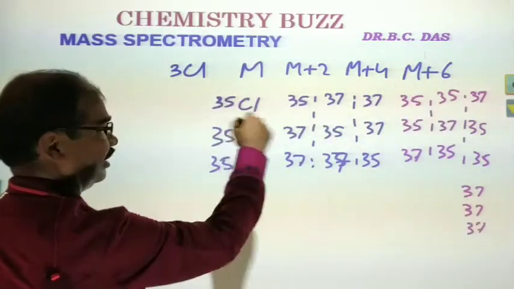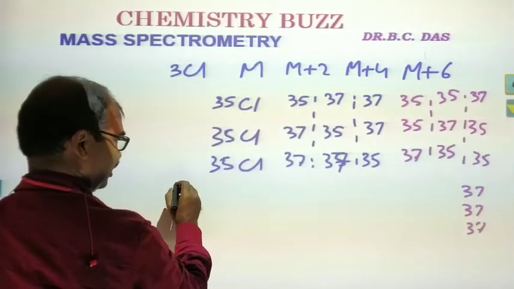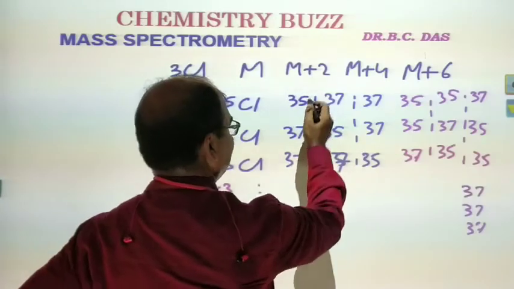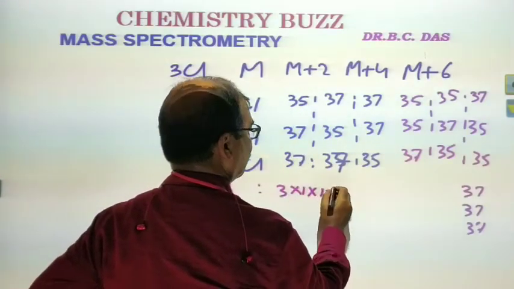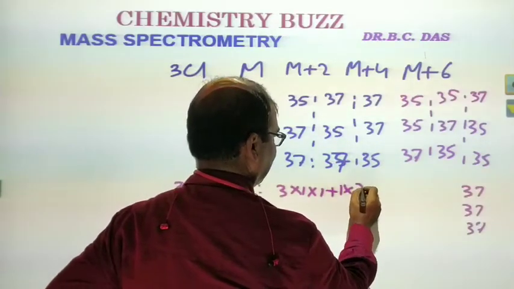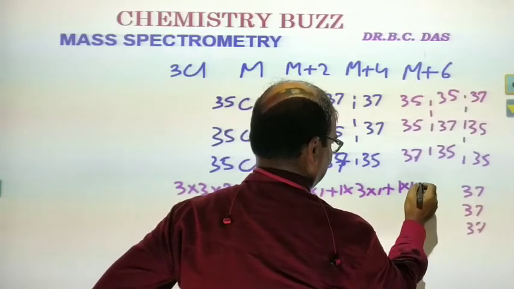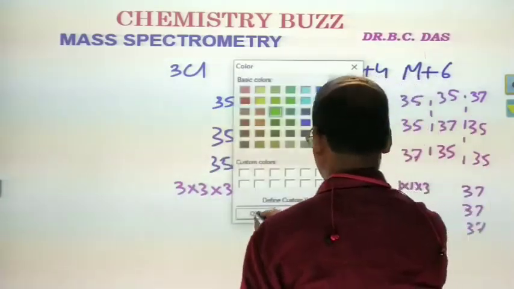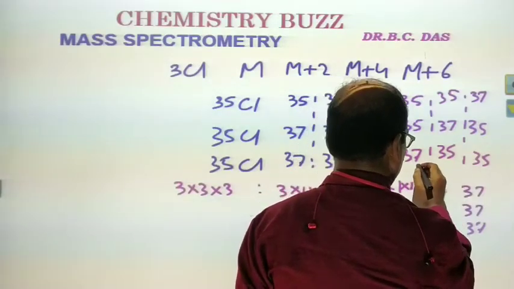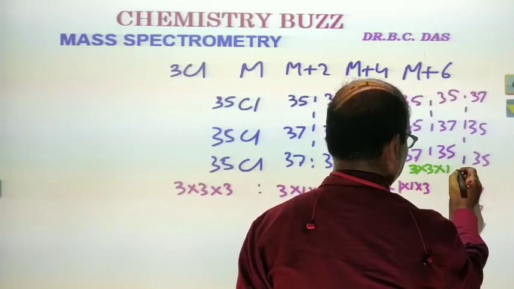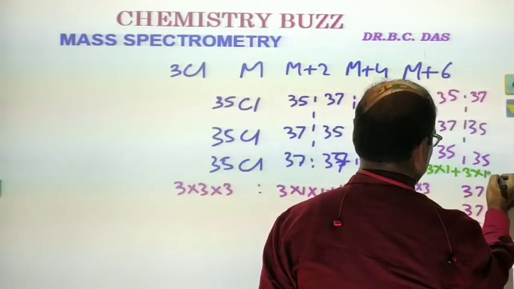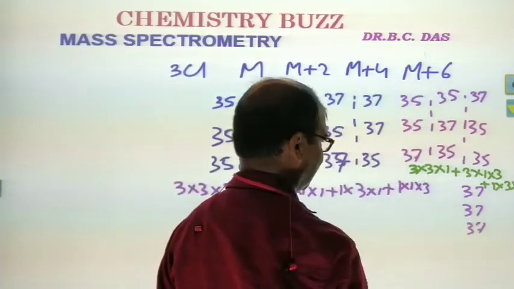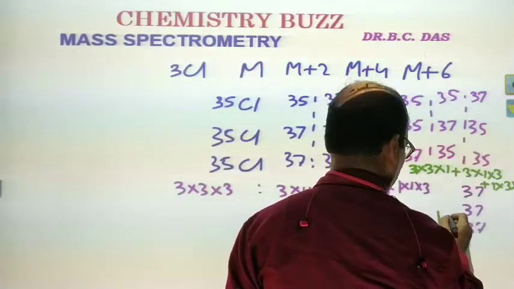Then we calculate the relative intensities. For M, that is 3 into 3 into 3, which is 27. For M plus 2 we get 3 into 3 into 1, plus 3 into 1 into 3, plus 1 into 3 into 3, because for 37 it is 1, which gives 27. For M plus 4 it is 9, and for M plus 6 we have 1 into 1 into 1.